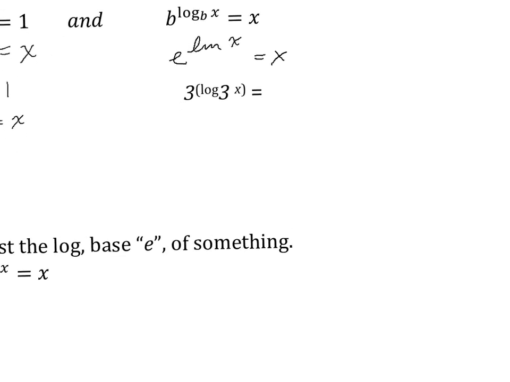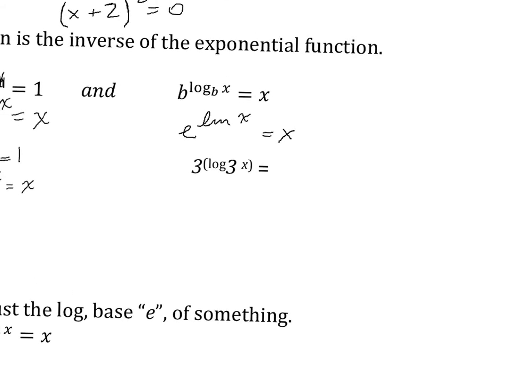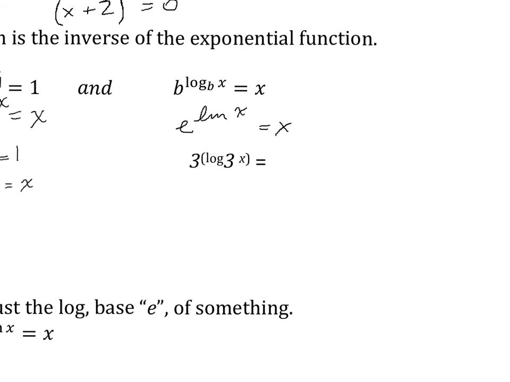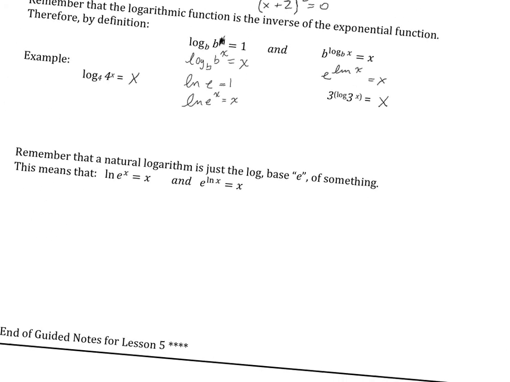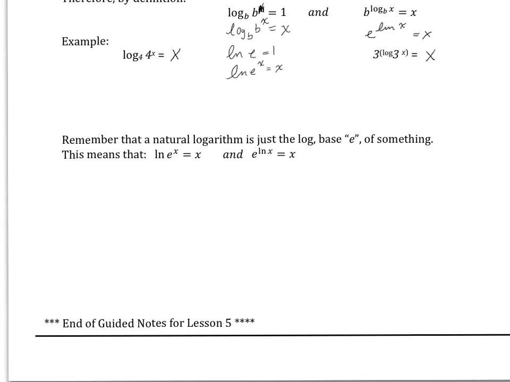And 3 to the log base 3 of x, by that same principle, is also going to equal x. Okay? So remember, our natural logarithm is just the log base e of something. So the ln of e to the x is x, and e to the ln of x equals x.